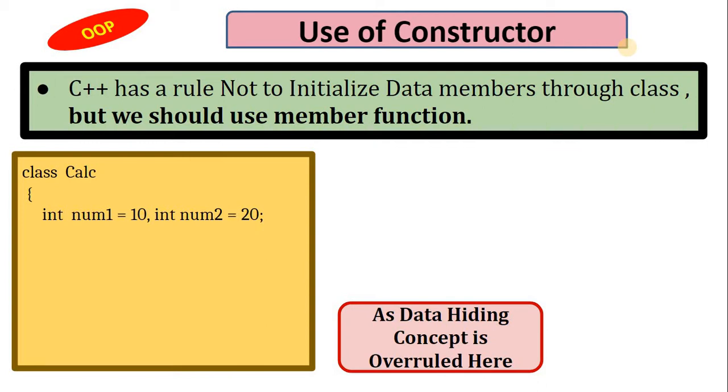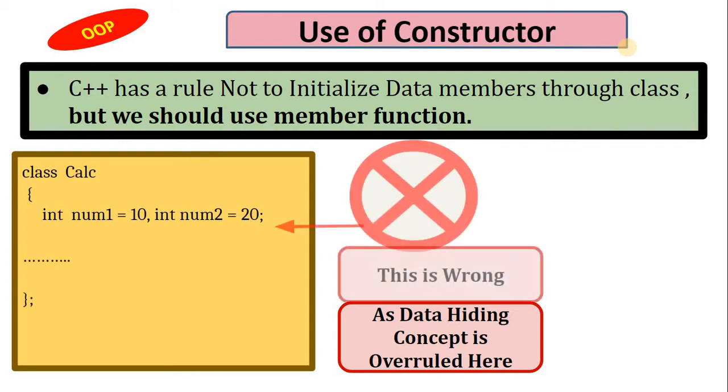Whoever is accessing the class will have those values, and thus the data will not be hidden. So instead of doing that, we should use a member function in C++ to make it more object oriented. So this is actually very wrong if you initialize the data members directly through the class.